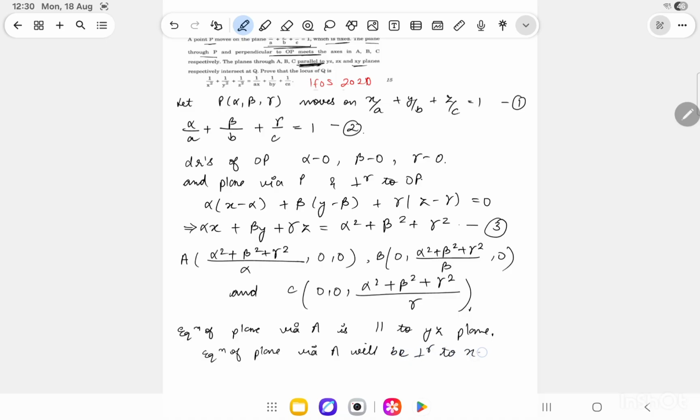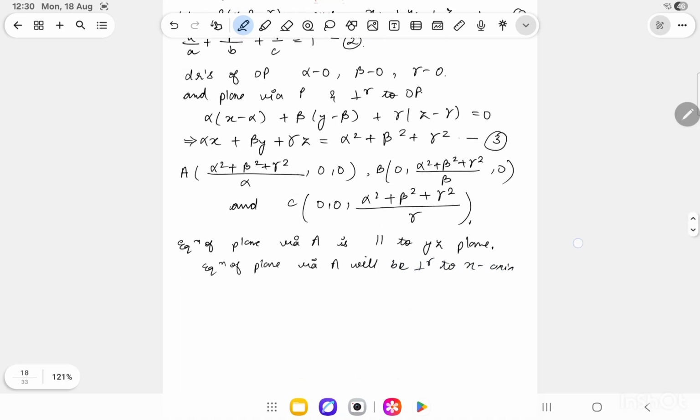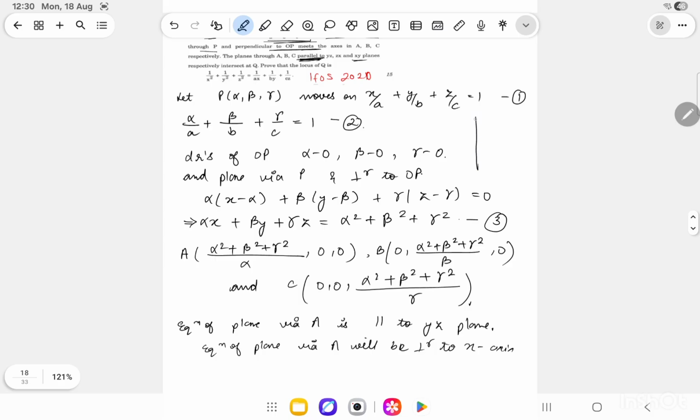to the x-axis, because if I assume, let's say this is my x, this is my y axis and this is my z axis. If any plane is parallel to the YZ plane, then it will be something like this. So the x-axis will be passing through it like this.